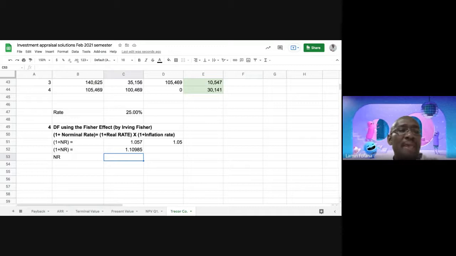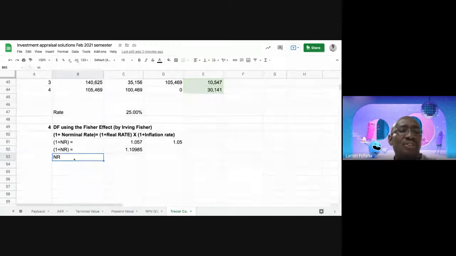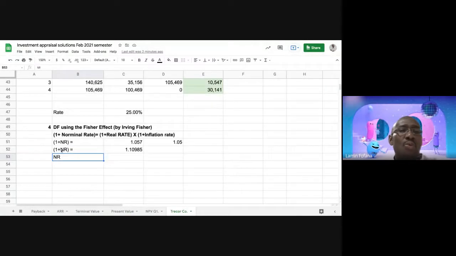Because in an equation, if any term changes position, its sign also changes. 1 plus NR remains here, so no problem. The 1 will go to the right side, so the sign for 1, which at the moment is plus 1, is going to turn to minus 1. So therefore, we're going to have this minus 1.